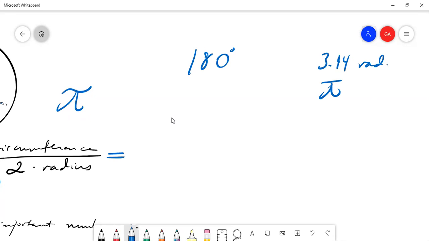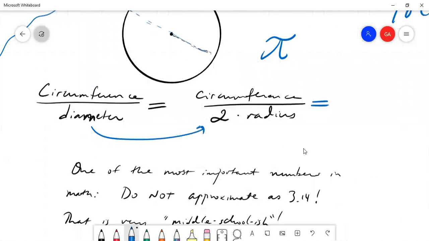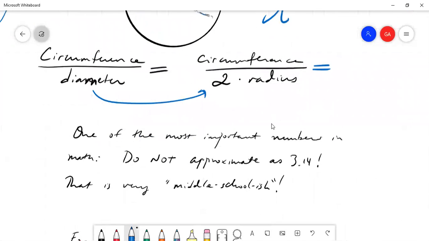It's actually pi radians. So there's a big difference between 3.14 and pi, and that is the fact that 3.14 is a rational number and pi is an irrational number. So anyway, this was a small complaint that Gabe had, and he wanted me to tell you. Don't approximate pi, just write pi. That's why we have a symbol for it.